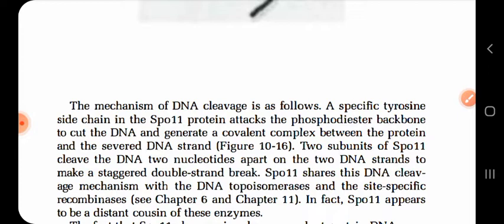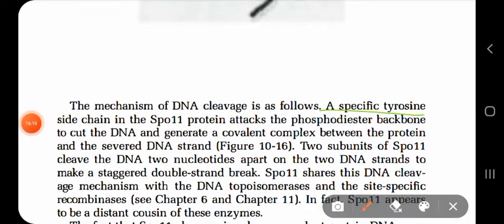Those regions which are not tightly packed with nucleosomes, like promoters controlling gene transcription, can be cleaved. And those regions of DNA which have a high chance of double-stranded breaks can also be cleaved by SPO11. Now, molecularly, let us see how SPO11 cleaves.